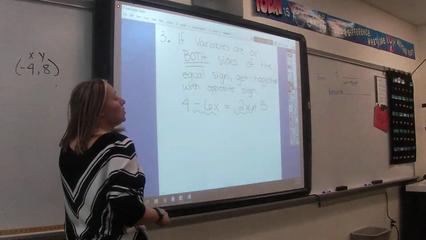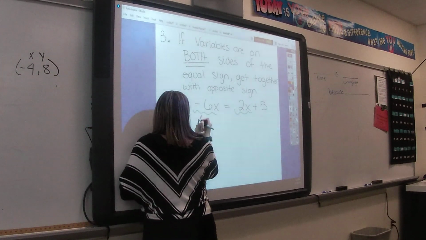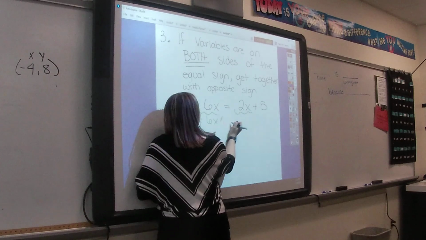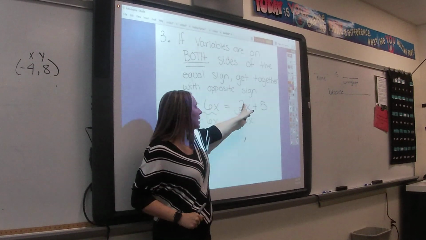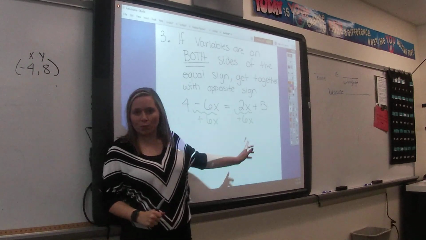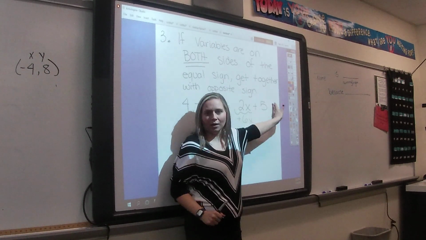Okay, so how do we undo subtracting 6x? Add 6x. And when I add this 6x, notice I'm writing it in the 2 places that my variable already was. So don't put your plus 6x over here.